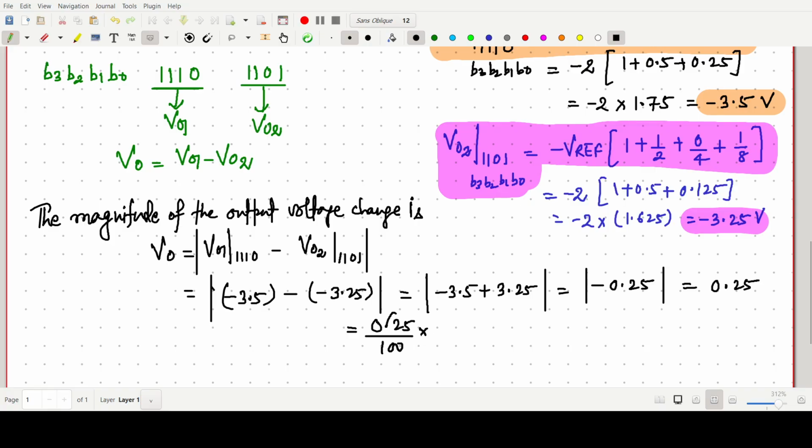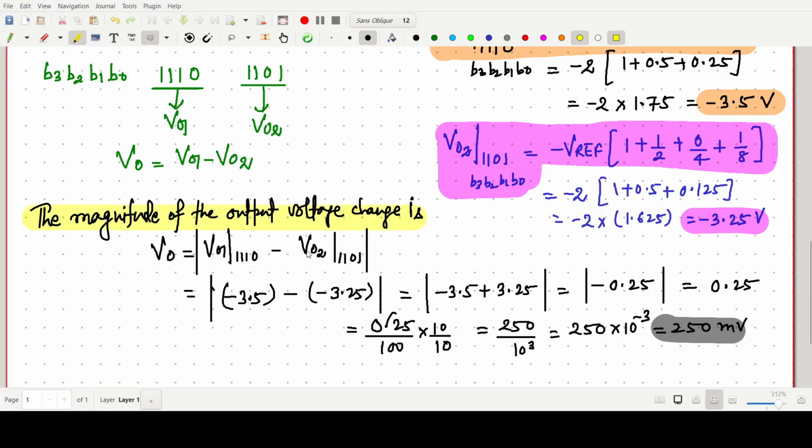This 0.25 we can write like this, and if we multiply with 10 in the numerator and denominator, 250 into 10 to the power minus 3 means 250 millivolt. Because in the question we have to write the magnitude of the output voltage change in millivolt.